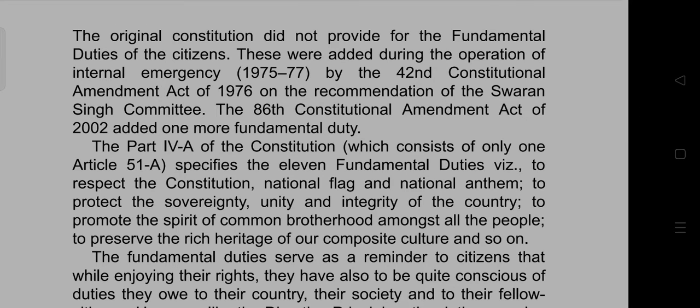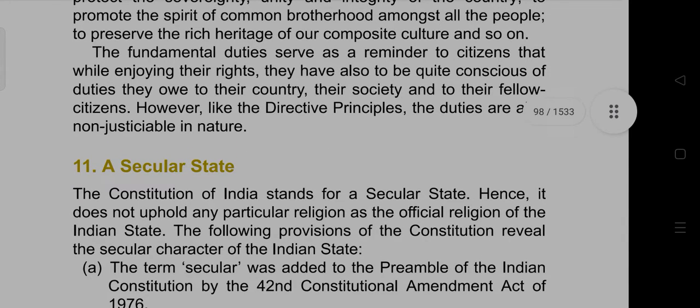The fundamental duties serve as a reminder to the citizens that while enjoying their rights, they also have to be quite conscious of the duties they owe towards their country, their society, and their fellow citizens. However, like directive principles, the duties are also non-justiciable in nature.